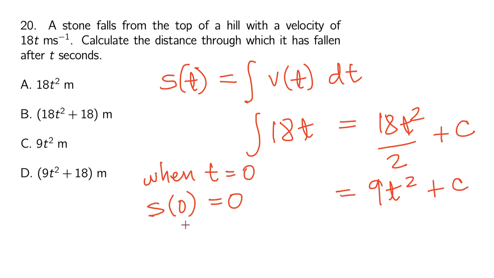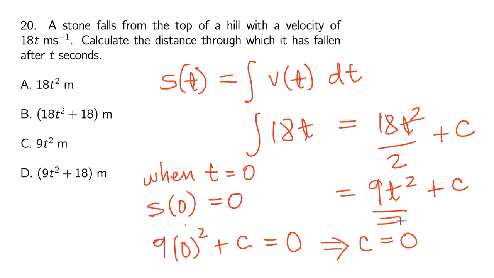So when we substitute 0 into this s of t, the answer should be 0. When you put 0 here, you get 9 times 0 squared plus c, and that's supposed to be equal to 0. Now 9 times 0 squared is just 0. So our c equals 0. So the answer is indeed 9t squared.